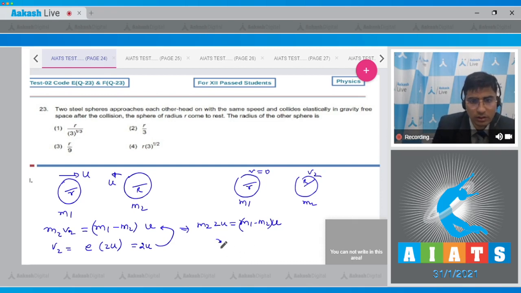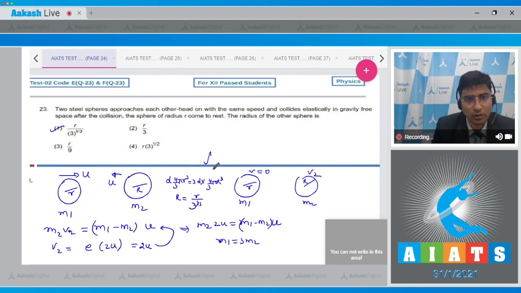Now from this, m1 will be equal to 3 m2. Now the density of both of them will be the same as they are both steel spheres, so we can write that the density multiplied by volume, that is 4 by 3 pi small r cube, will be equal to 3 times the density multiplied by 4 by 3 pi capital R cube. From this we can find that capital R will be equal to small r by 3 to the power 1 by 3. And for this question, the correct answer is option 1.